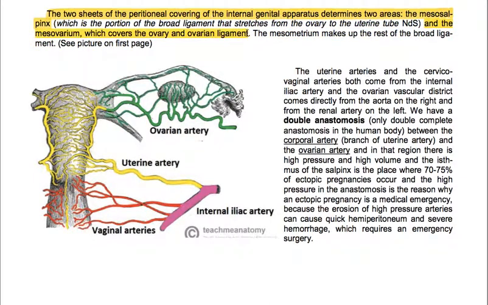The mesometrium makes up the rest of the broad ligament. So we have the broad ligament, which is made up of the mesosalpinx, which stretches from the ovary to the uterine tubes, the mesovarium, which covers the ovary and the ovarian ligament, and the mesometrium, which makes up the rest.